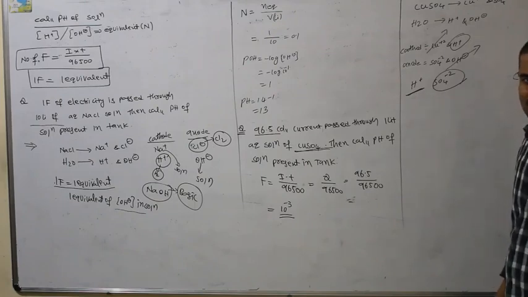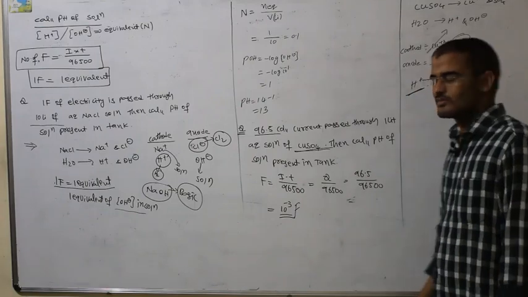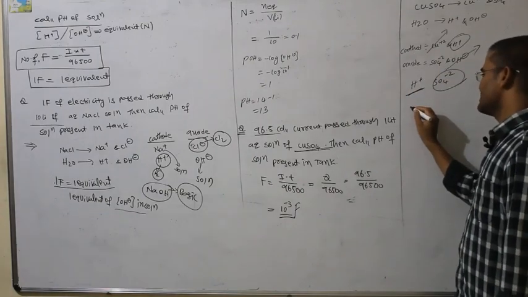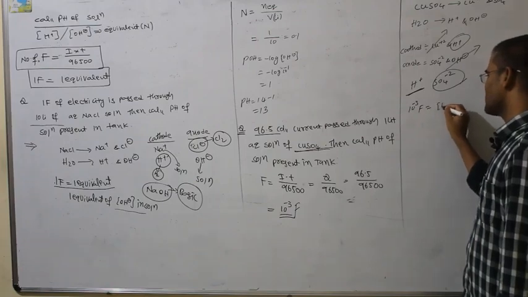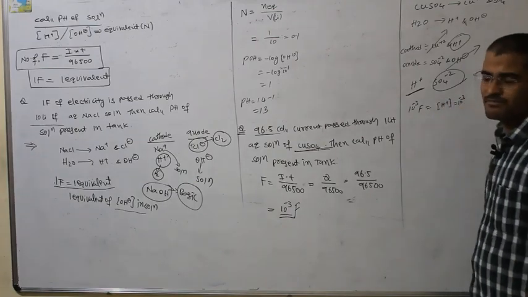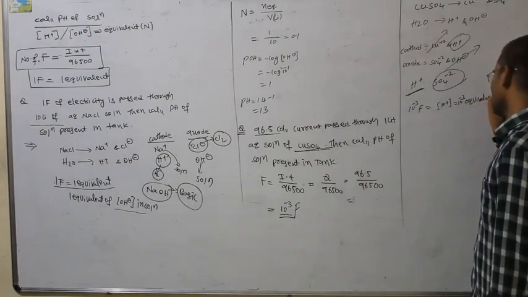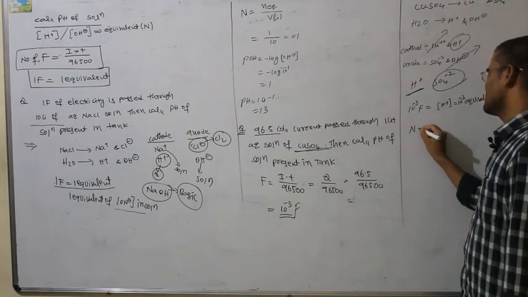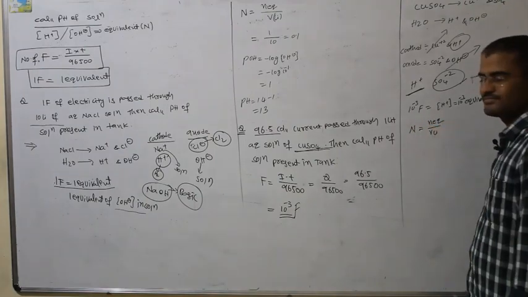Concentration of H plus: how many Faradays are we supplying? 10 power minus 3 Faradays. So 10 power minus 3 Faradays means the concentration of H plus also will be 10 power minus 3 only, 10 power minus 3 equivalent. Okay. So normality is equal to the number of equivalents by V in terms of liter.